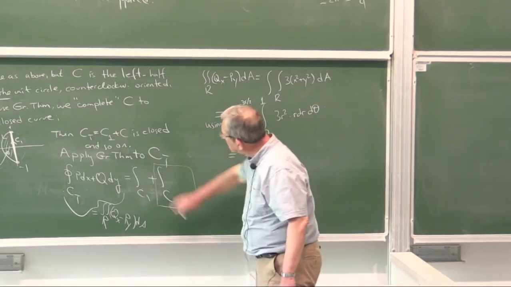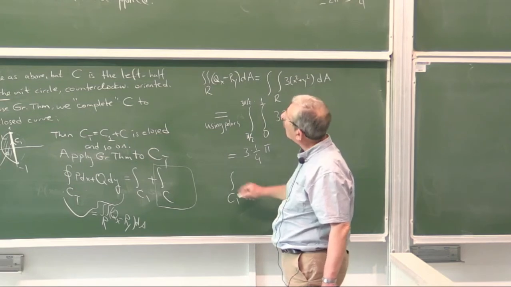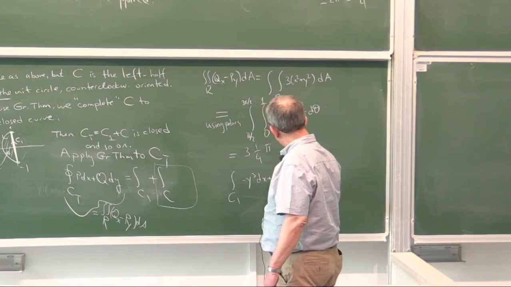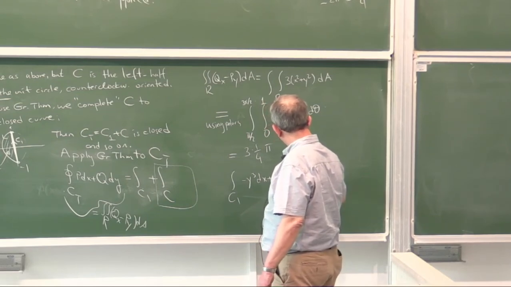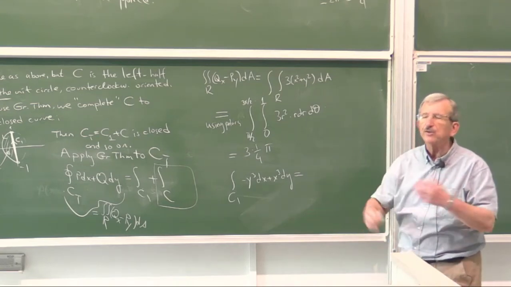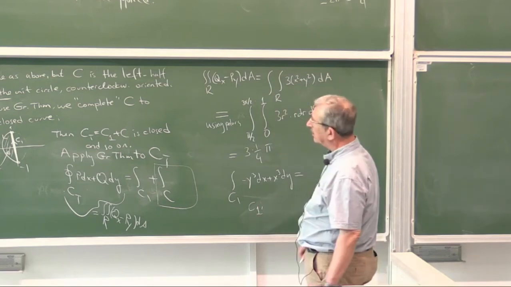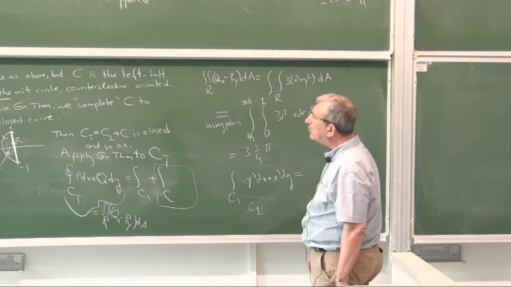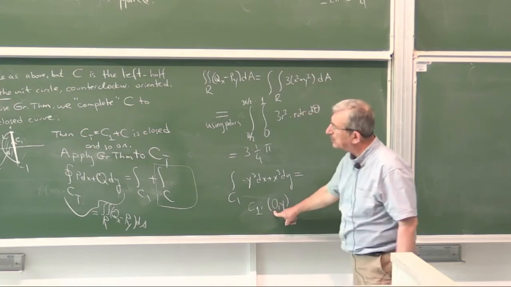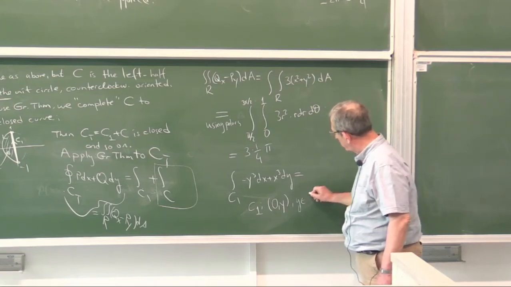Well, to calculate this unknown, we need to calculate the integral on C1 of minus y cubed dx plus x cubed dy. C1 is just a straight line, so we can very easily calculate that. The parametrization for C1 would be in terms of y, because x is always 0, and y changes from minus 1 to 1.